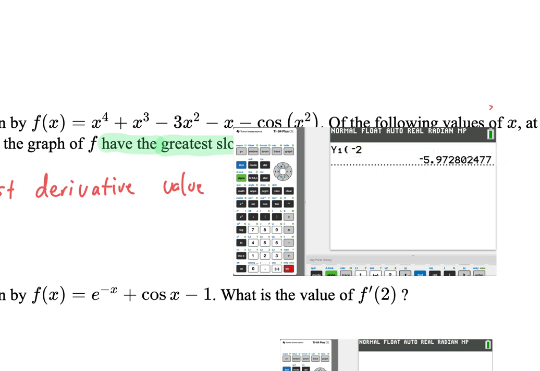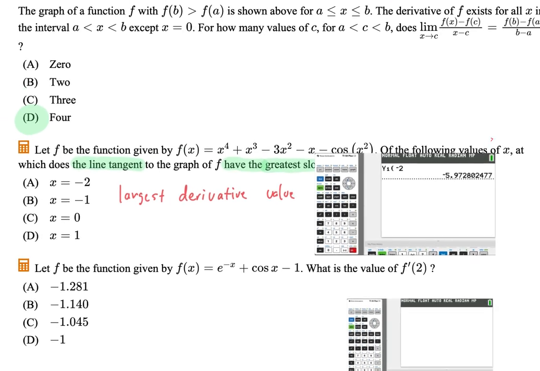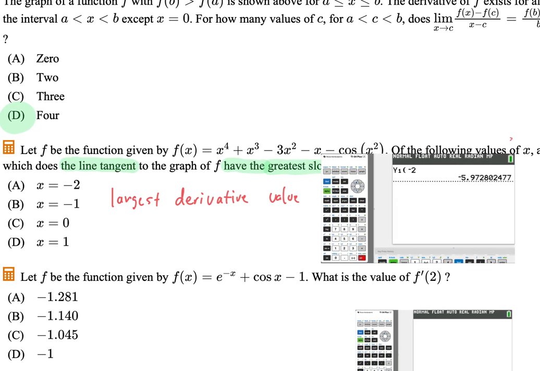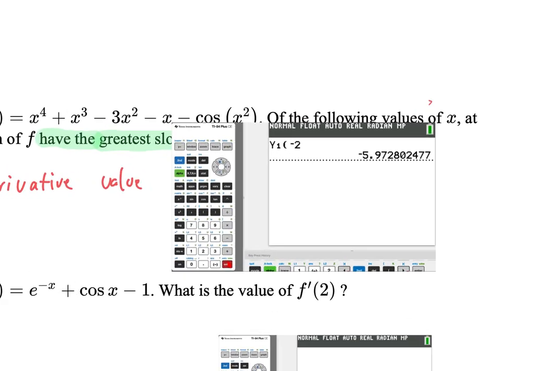Okay, so now we want to plug in all the x values from the answer choices. The answer choices were -2, -1, 0, and 1. We plugged in -2, so now we'll plug in the rest.